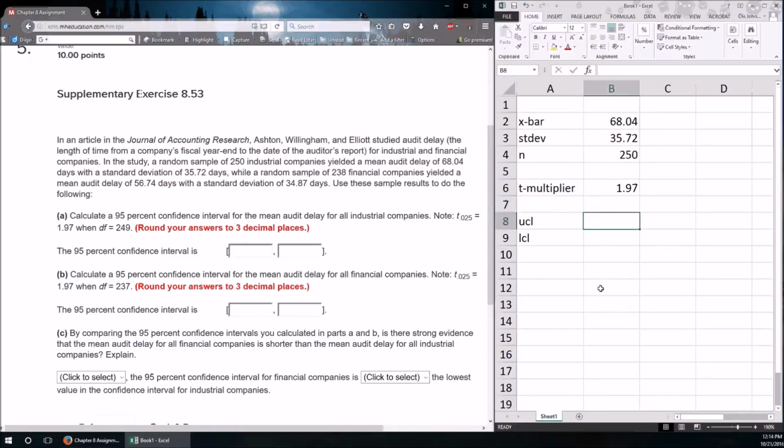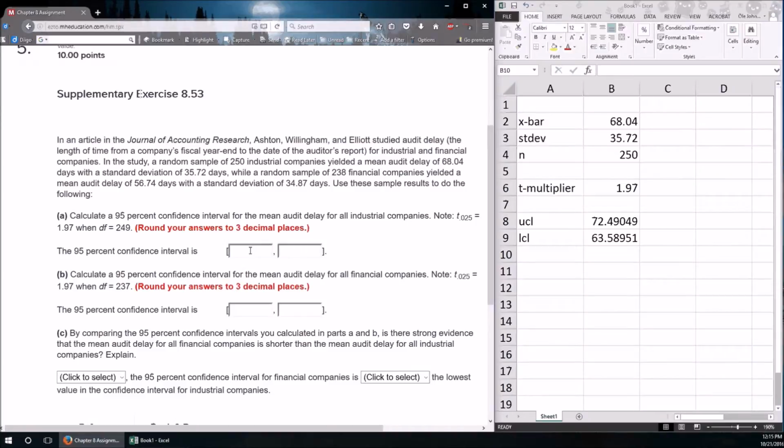So the upper confidence limit is just going to equal x bar plus that t-multiplier times the standard deviation divided by the square root of the sample size. And the lower confidence limit is the same except x bar minus that t-multiplier times the standard deviation divided by the square root of the sample size.